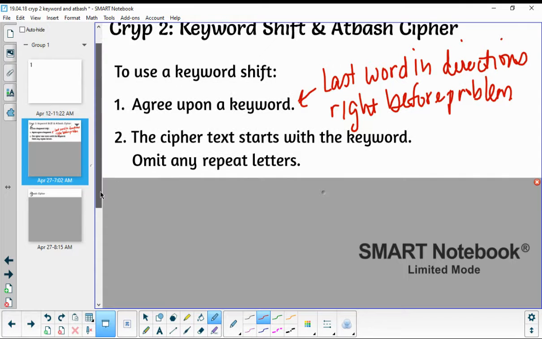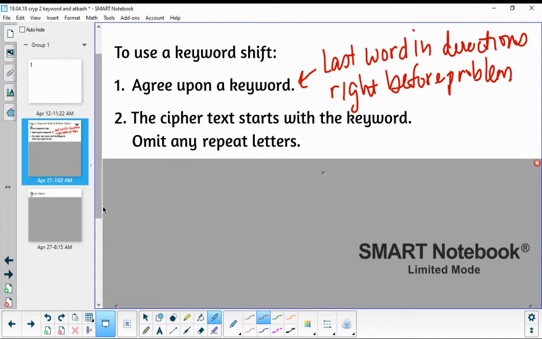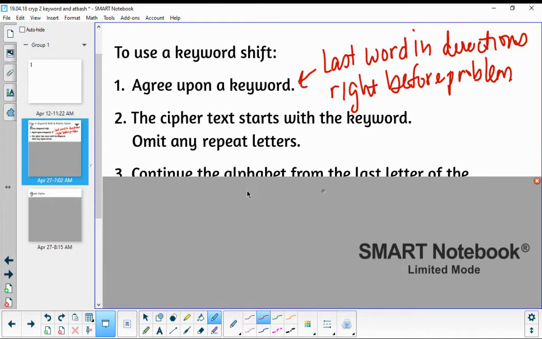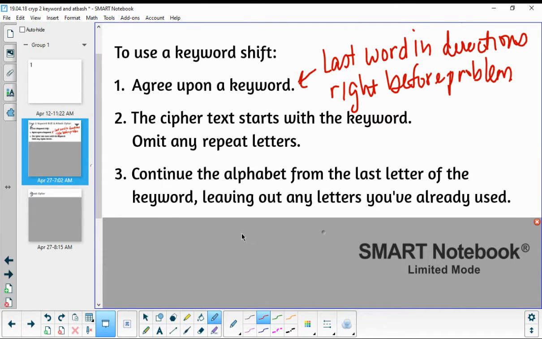If there are any repeated letters in your keyword, just leave them out. After you write your keyword, you continue the alphabet from wherever your last letter of the keyword was. Keep in mind, any letters that you've already used, you have to leave those out.